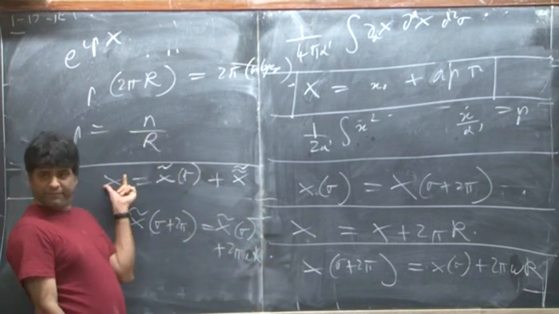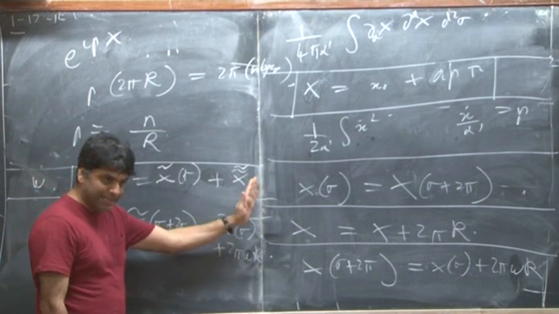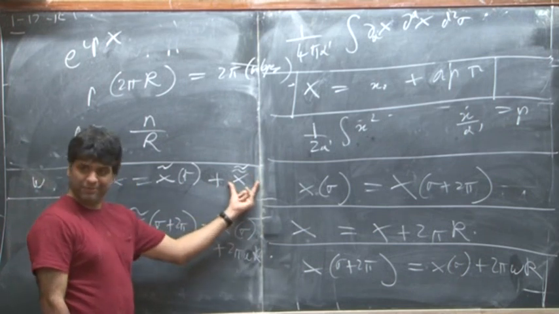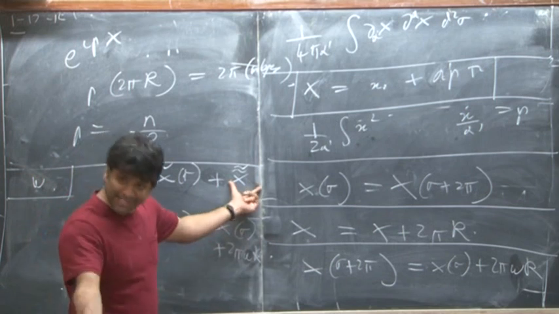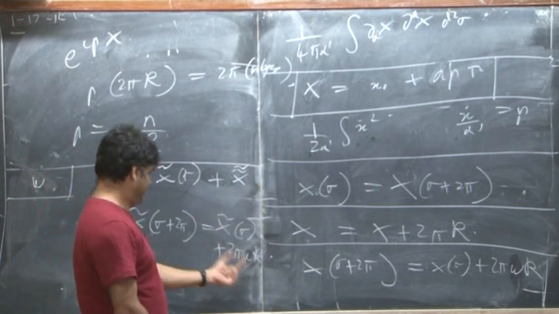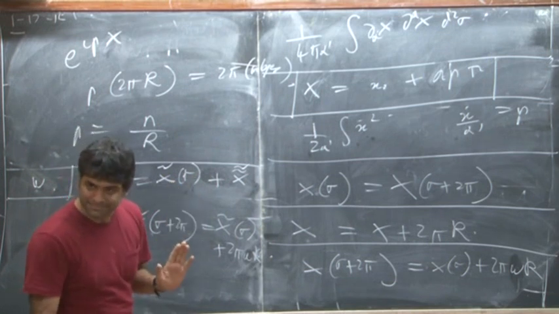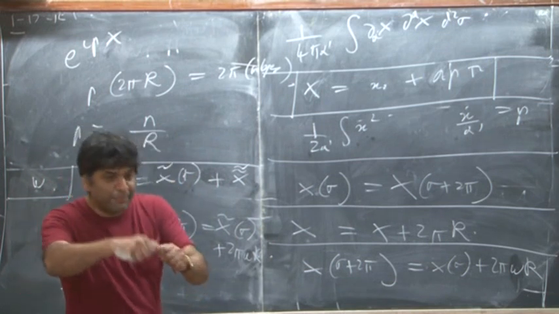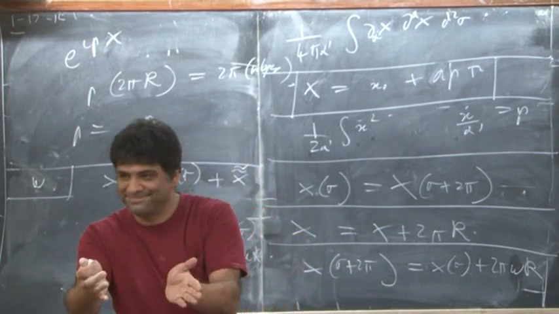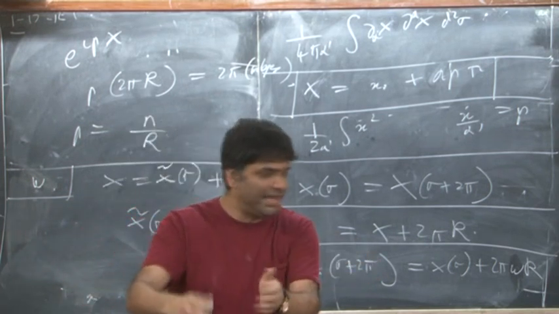Then for this whole x to obey the correct periodicity, this guy will just have to have the ordinary periodicity, because this is already coming from here. Is this clear? You see, the thing that you pick up as you go around is just an additive part. So if one piece has that additive part, the other piece has to have nothing.